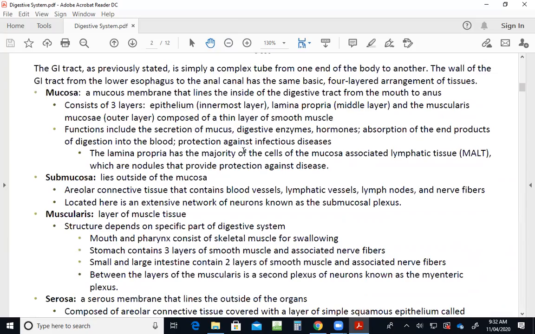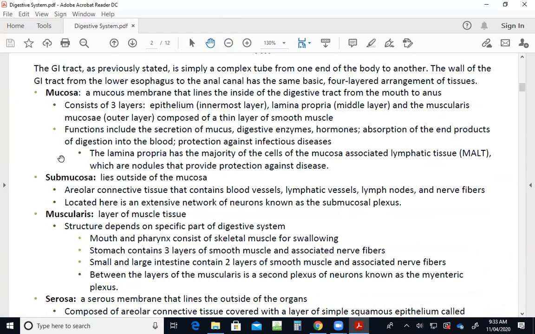All right, so as previously mentioned, the GI tract is simply a complex tube from one end of the body to another, from our mouth to the anus. Our tract wall from our lower esophagus to the anal canal has the same basic four-layered arrangement of tissues. Inner mucosa all the way out to the outer serosa.